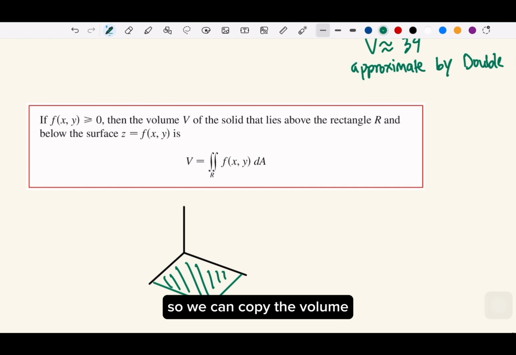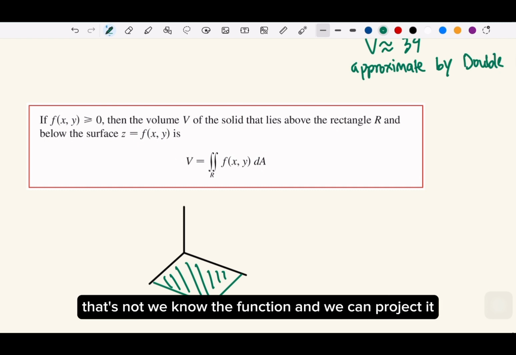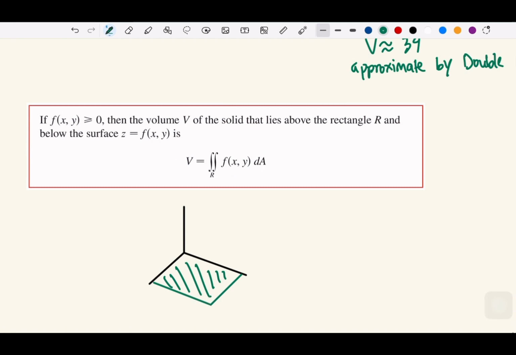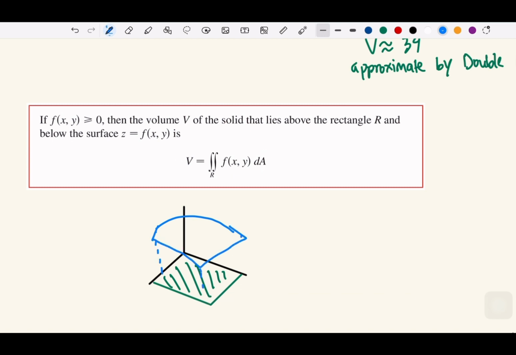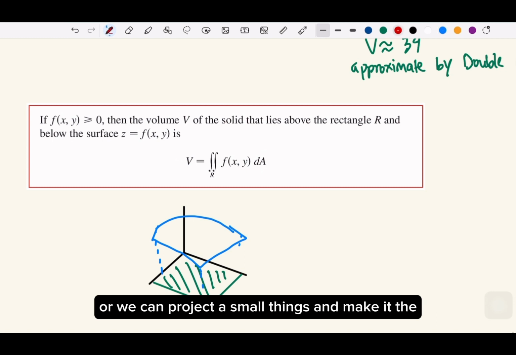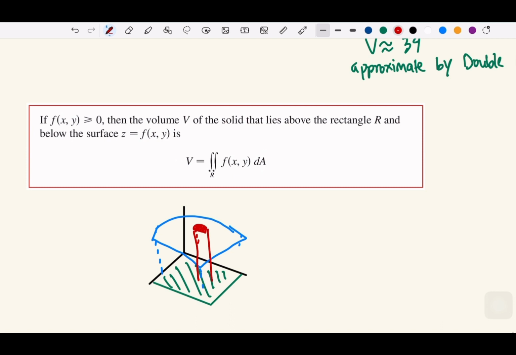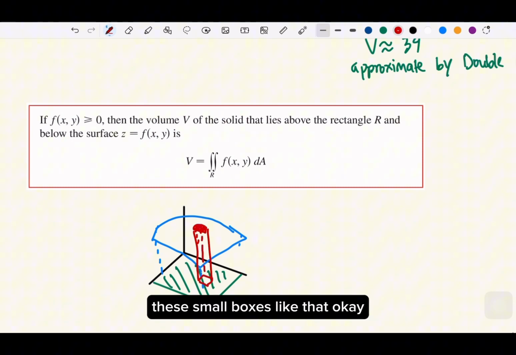So we can compute the volume here. As long as we know the function and can project it onto this xy plane, we can write the volume as this. For example, this is the surface, so we can project it here, or we can project small pieces and make small boxes like that.